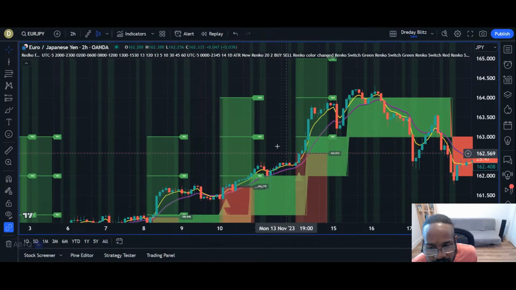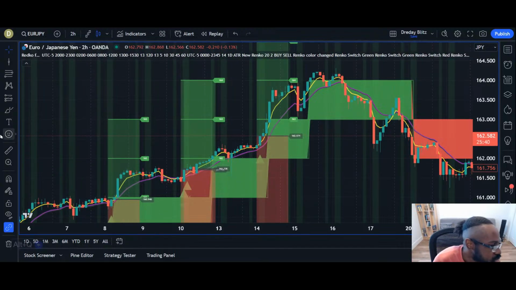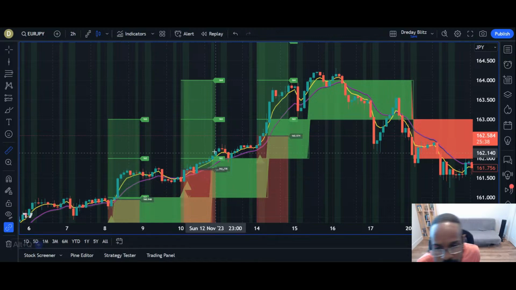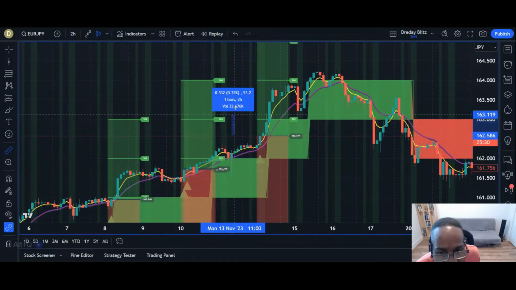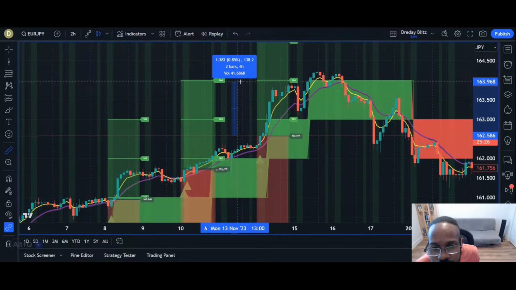So let's take an example of this one here. That's the 2 hour time frame, so every candle is equal to 2 hours. So your entry price is here. And let's calculate up to what point. Let's say you went to TP2.